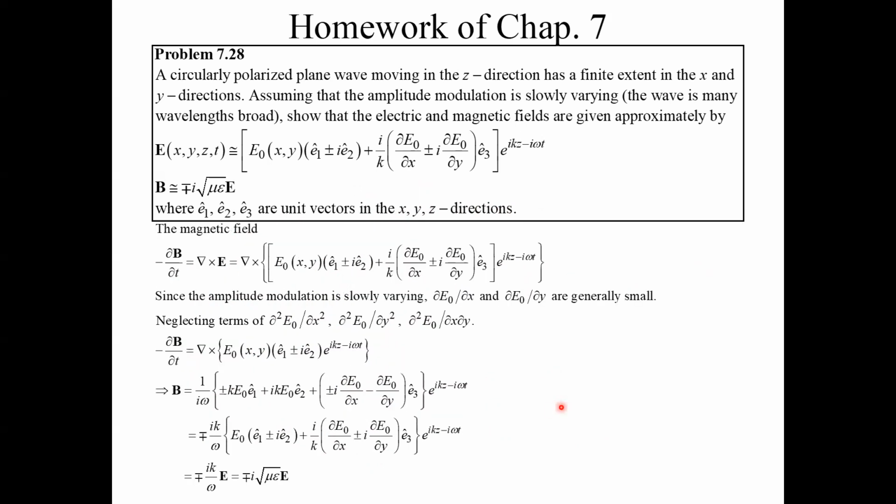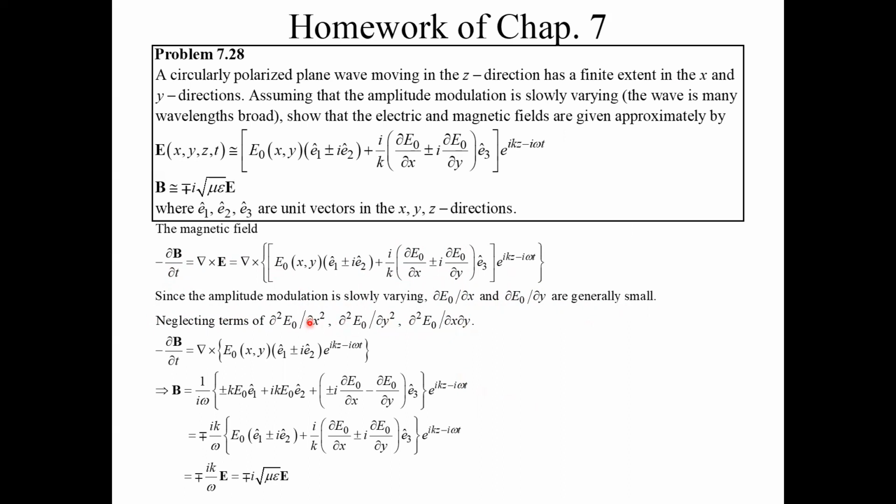And next one, the magnetic field equals to, we just use the boundary condition here, and B field will be like this. And since the amplitude modulation is slowly varying, these two terms are generally small, and we can neglect the square terms here.